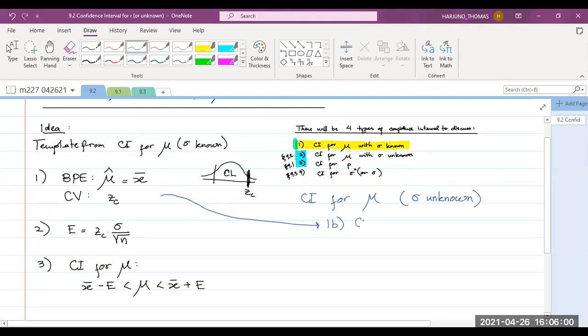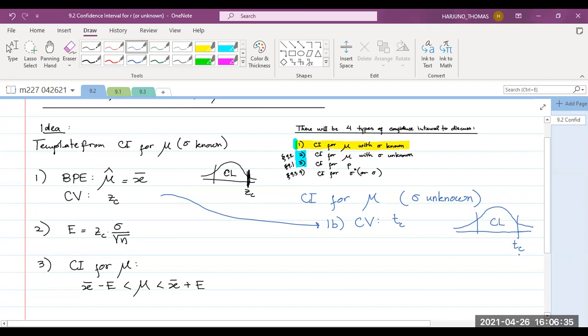The critical value, instead of using Z critical, we will use T critical. That's a T distribution that looks like normal distribution. The shape is very similar to normal distribution. And instead of Z score, standard normal distribution, we use T score, such that the area in the middle is the same as the confidence level.